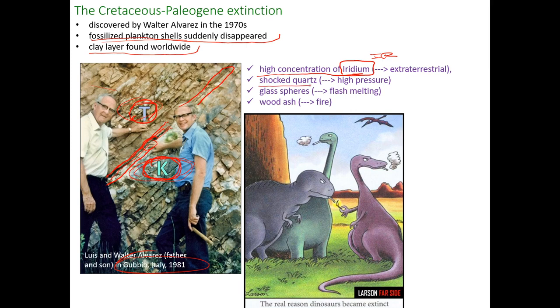We find shocked quartz. That means high-pressure quartz that can only form under extreme pressures, like the kind of pressures that would predominate during the impact of a meteorite. We find little glass spheres, maybe millimeter-sized. Those little glass spheres represent liquid droplets of rock that were melted, ejected into the atmosphere, and cooled.